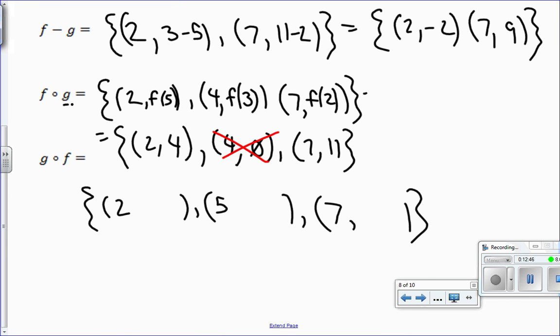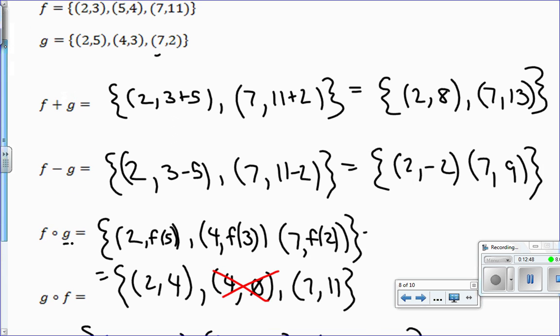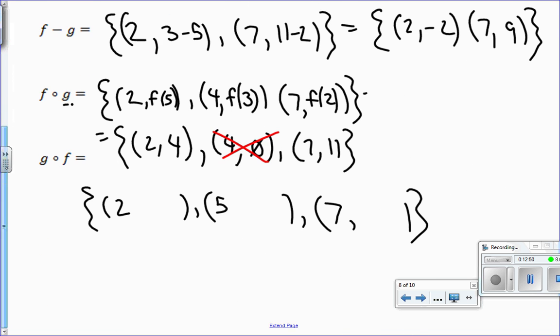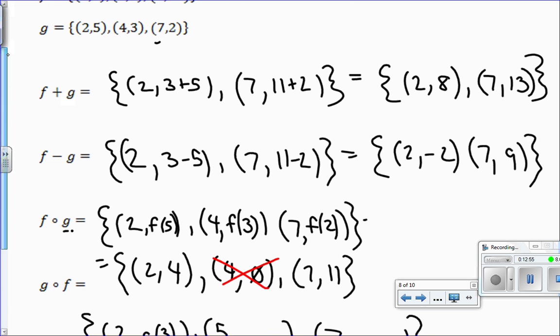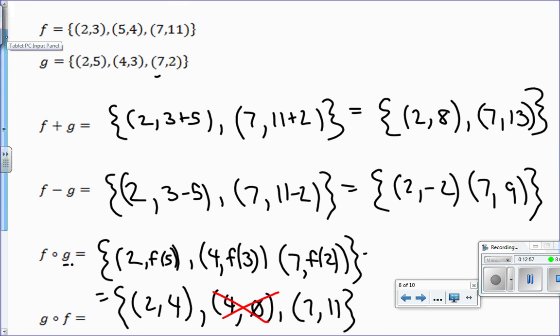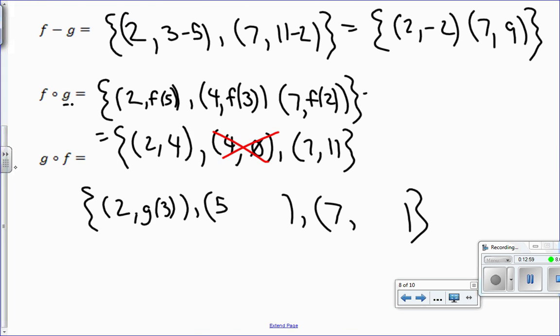All right, so let's see. When 2 goes into f, the output is 3, so that's going to be g of 3. When 5 goes into f, the output is 4, so that's g of 4. And then when 7 goes into f, the output is 11, so that's g of 11.